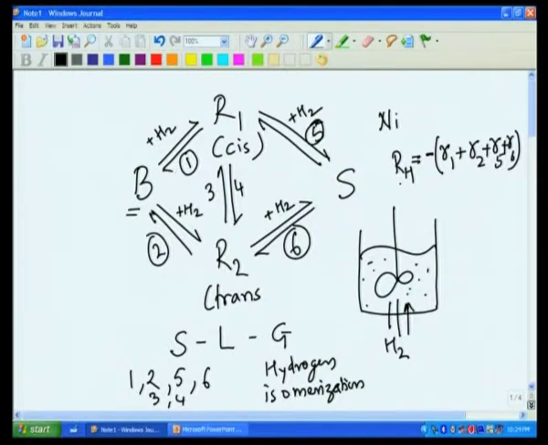So, the net rate of hydrogen consumption must be the summation of all these rates. Okay.